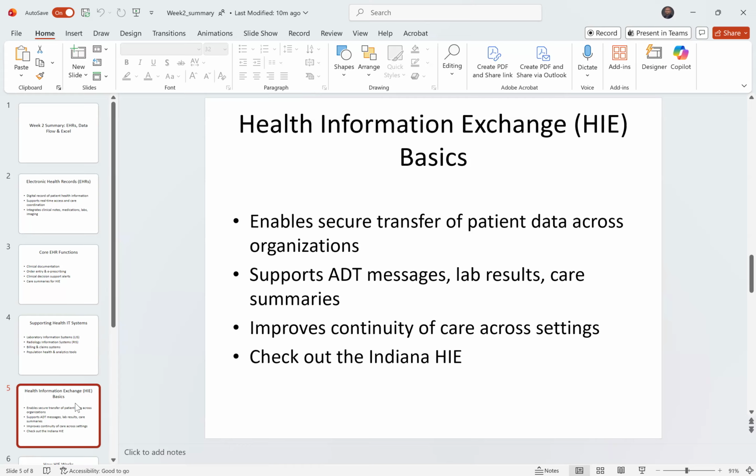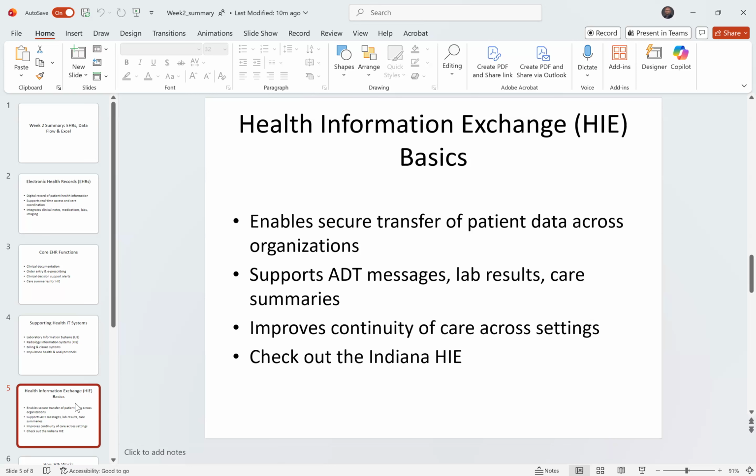The whole idea behind it is to serve as a connector, to connect patient health information from all kinds of entities, from a public health department to different hospitals that maybe have different EHRs, as we do in the Evansville area, to perhaps even a different urgent care center.